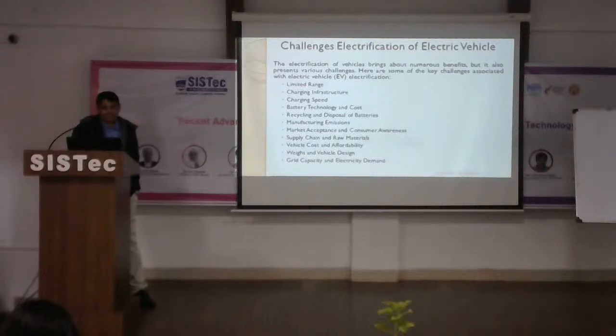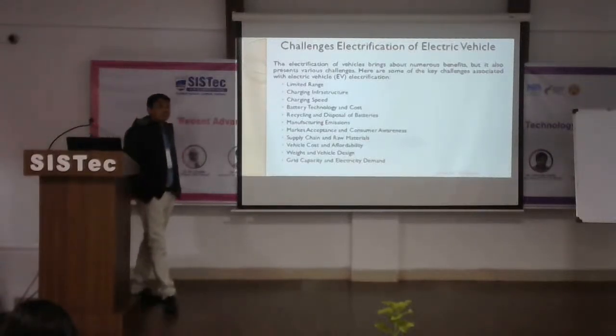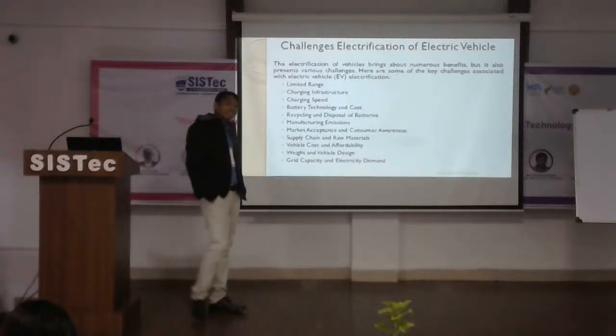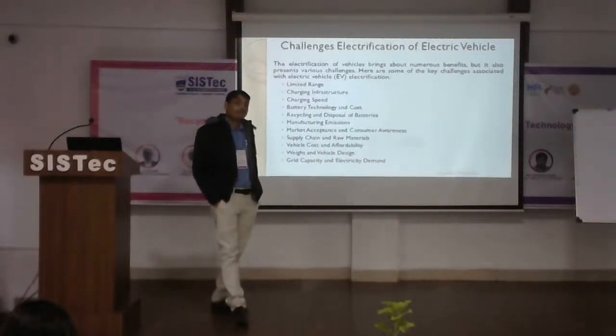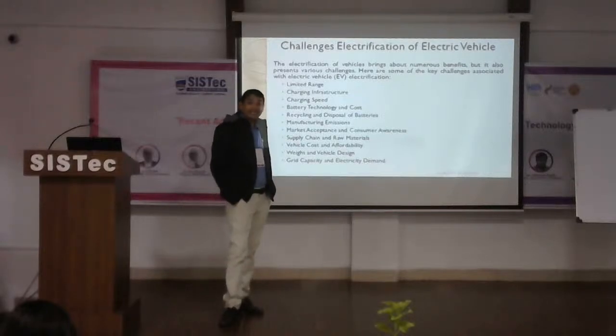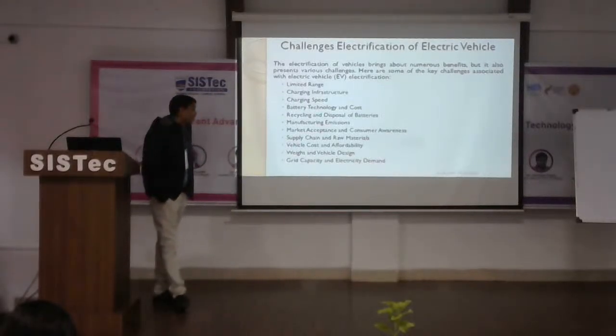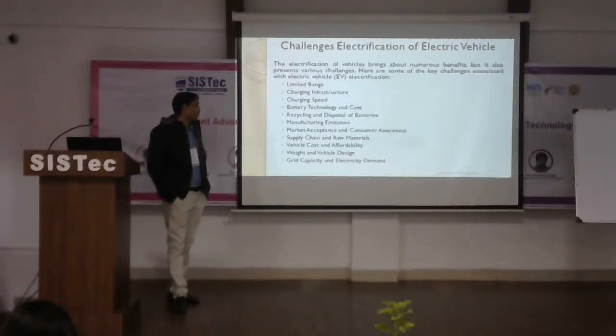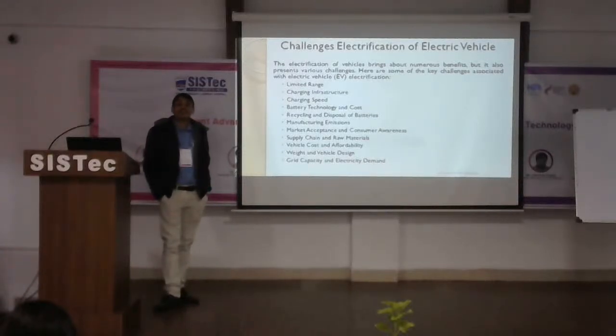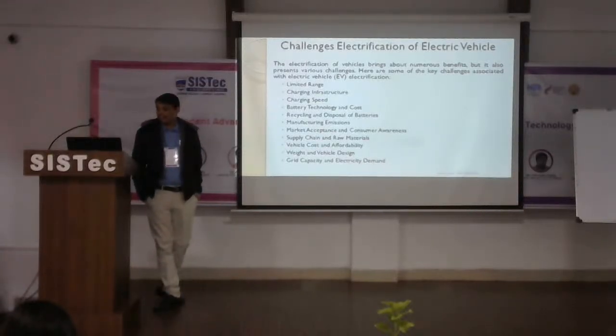Supply chain and raw material, because of all the dependency on the primary source of material for the electric vehicle, like semiconductor material, we are importing from other countries. Battery material we are also importing from other countries. So that is the supply chain, which impacts the cost of the electric vehicle, isn't it?